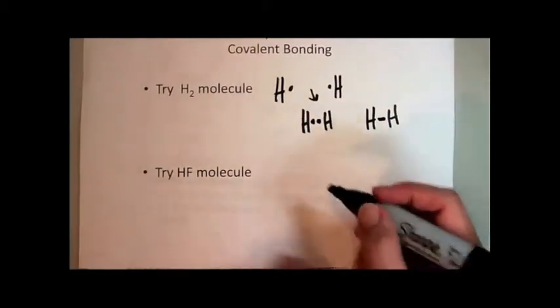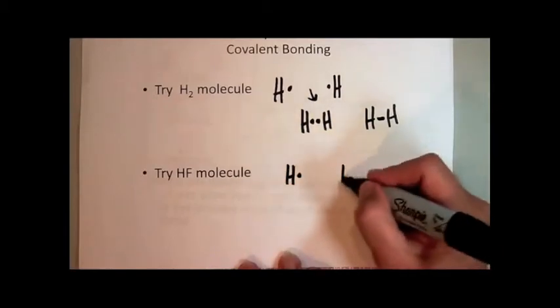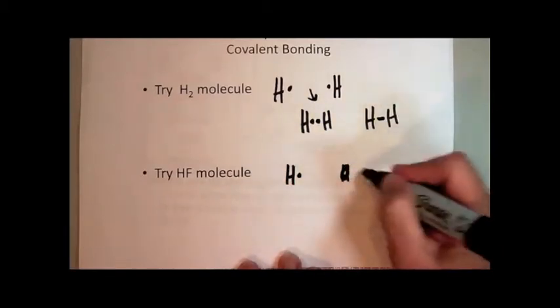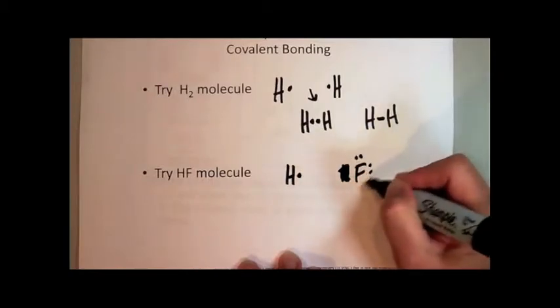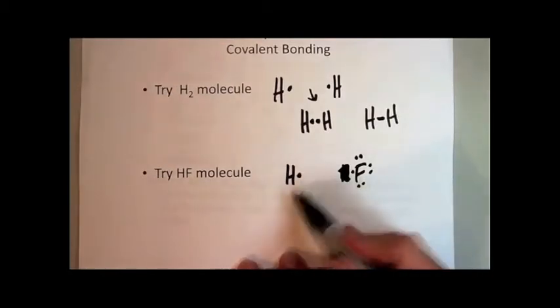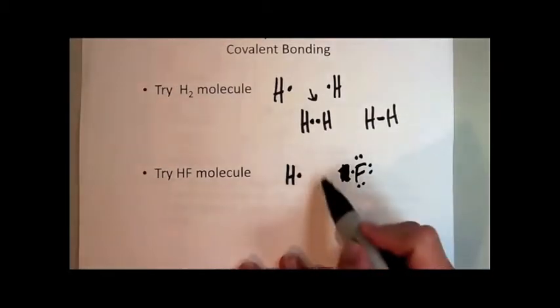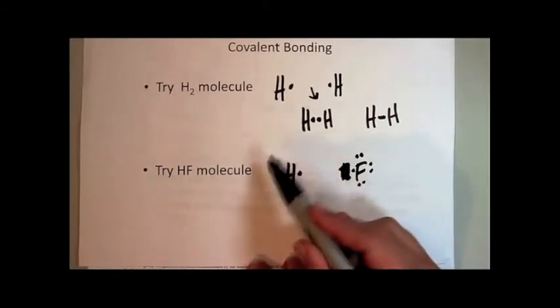Now you can do the same thing. Try an HF molecule. You start with just the Lewis symbols for each individual element. So hydrogen, and then fluorine, which has 1, 2, 3, 4, 5, 6, 7. So individually, you can see the fluorine has 7, the hydrogen has 1. You know that the hydrogen would really like to achieve what we call a satisfied valence shell.